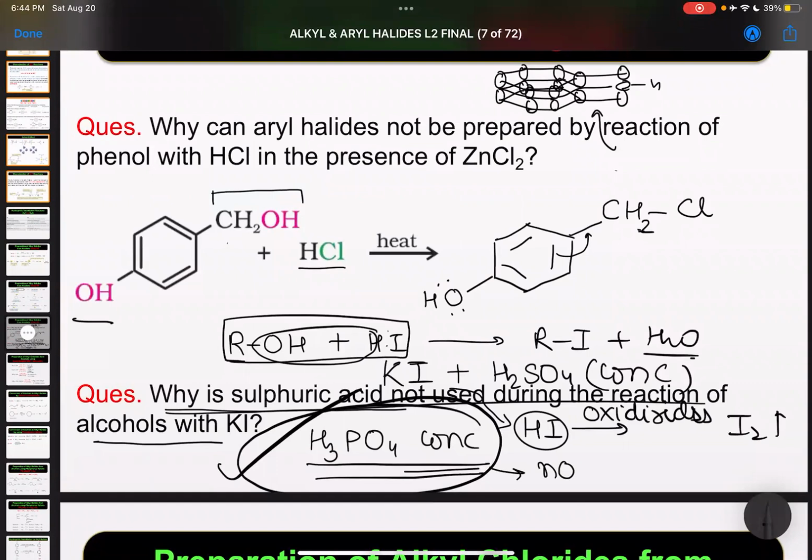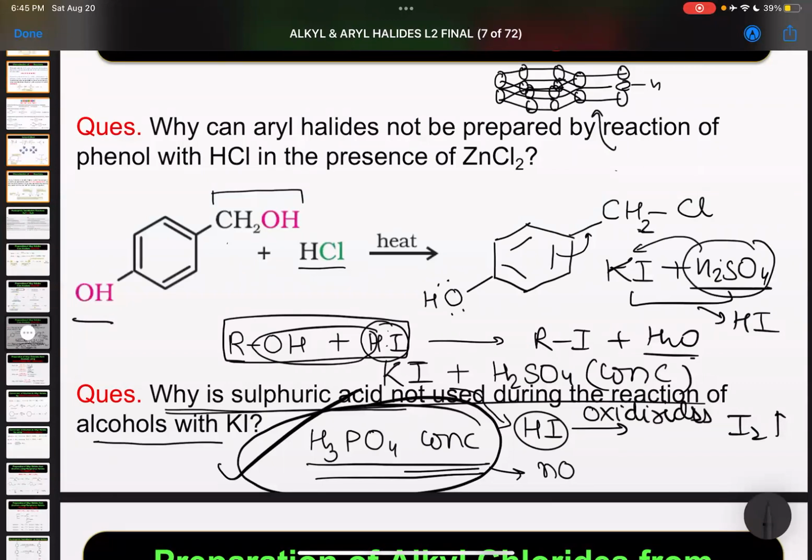Yeah, non-oxidizing. Actually, your purpose is to get HI. So you took KI, you took H2SO4. H2SO4 gave its H plus, so you got HI. But H2SO4 has some other purpose also. It is an oxidizing acid. It can take away hydrogen. Oxidizing agent means the one which takes away hydrogen. So it oxidizes the HI to I2.